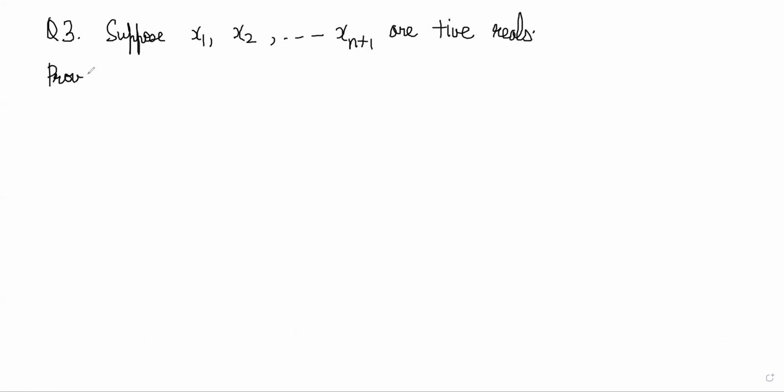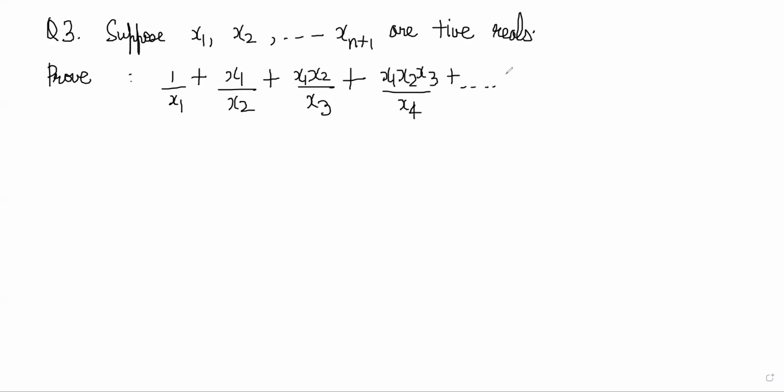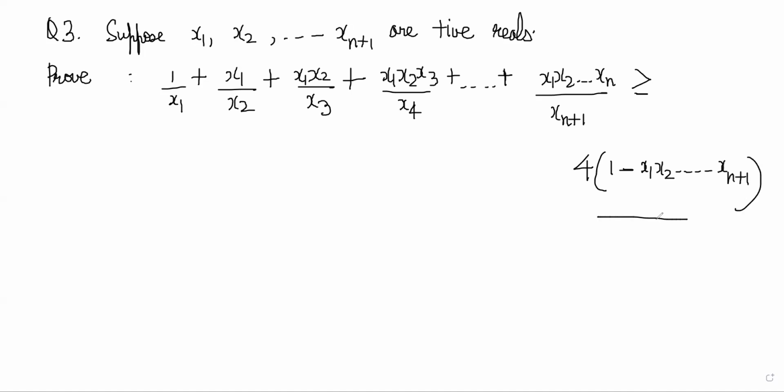We have to prove that 1 by x1 plus x1 by x2 plus x1 x2 by x3 plus x1 x2 x3 by x4 and so on till the last term x1 x2 ... xn by x_{n+1} is greater than or equal to 4 times (1 minus x1 x2 ... x_{n+1}). We have to prove this, right?